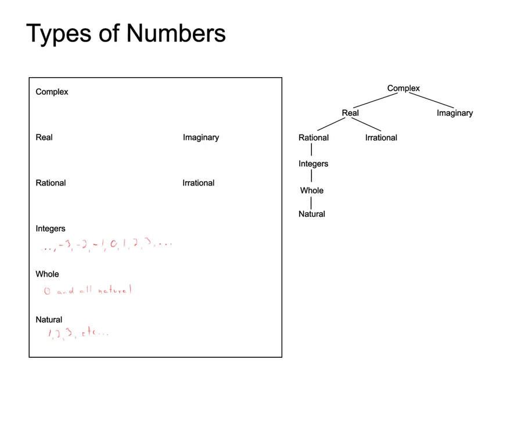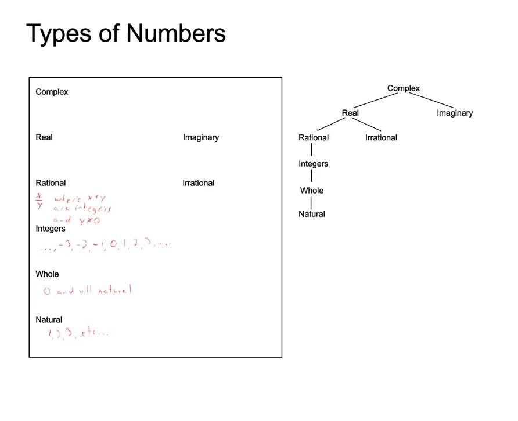Rational numbers include all numbers, integers, whole, natural, and any numbers that can be written as a fraction in the form of, let's just say, x over y, where x and y are integers and y does not equal 0.